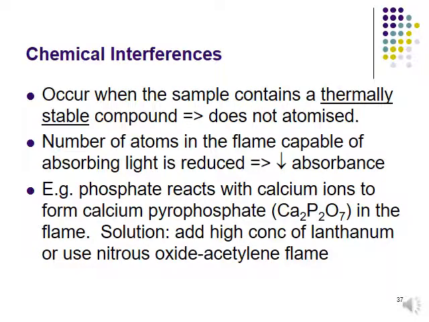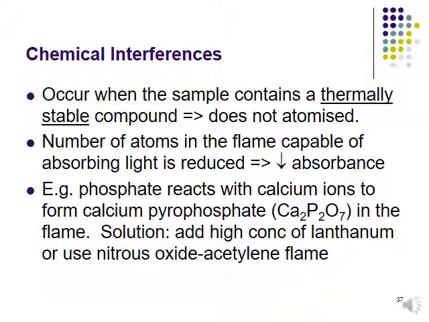Now we go for the chemical interference. Chemical interference occurs when the sample contains a thermally stable compound that doesn't atomize. There are certain elements that are not easy to atomize due to their thermally stable properties. So the number of atoms in the flame capable of absorbing light is reduced, and when this occurs, the absorbance will also be reduced.